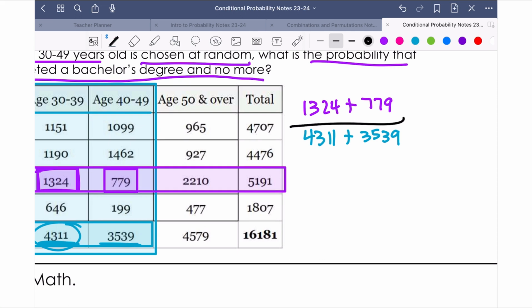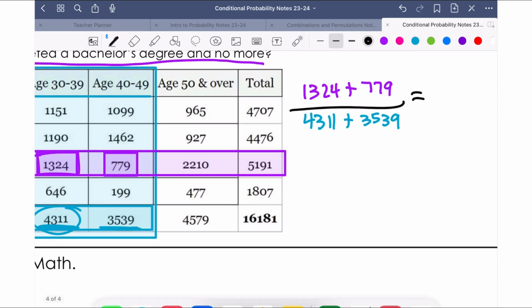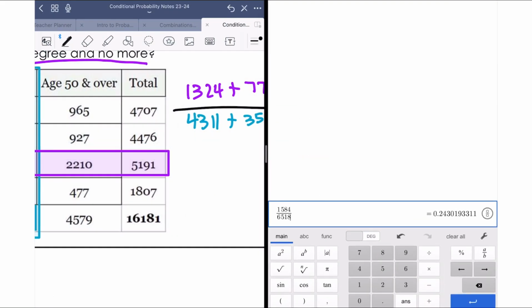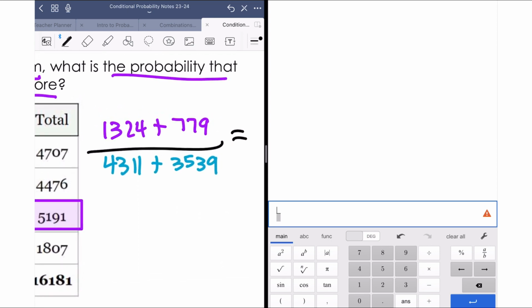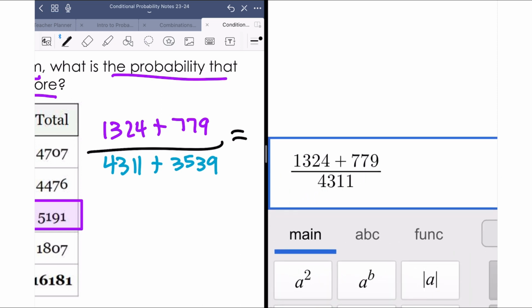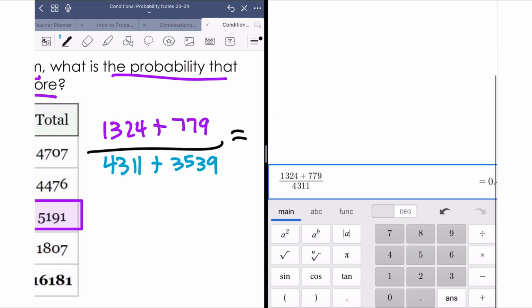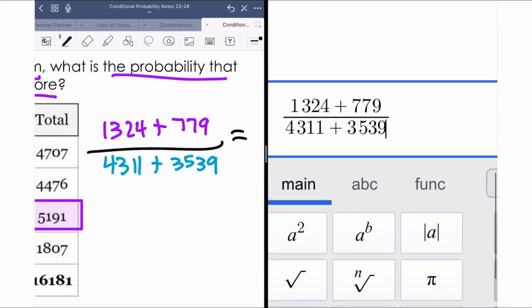All right, let me use the calculator to get this number. So at the top we have 1324 plus 779 and then 4311 plus 3539. Okay, make sure it matches.